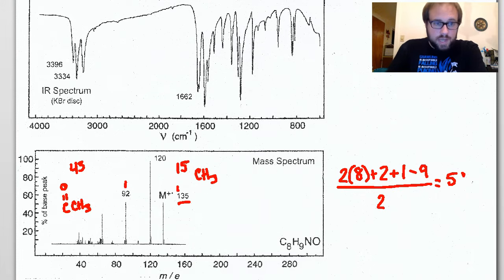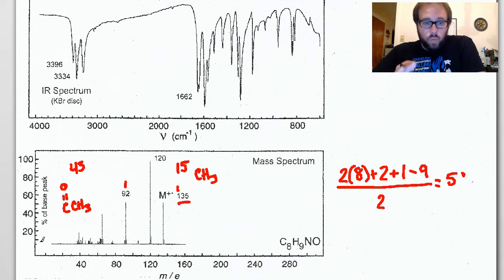So it's going to have a CH3 with the C double bond O, and that will be a 43 fragment that is lost. So these are sort of leading to the idea that perhaps we have an aromatic ring with a carbonyl, specifically an acetyl type group on it, an acetate group.